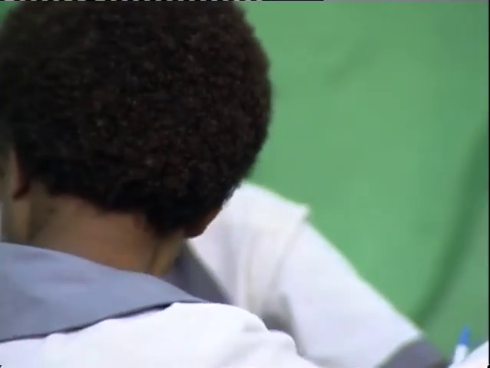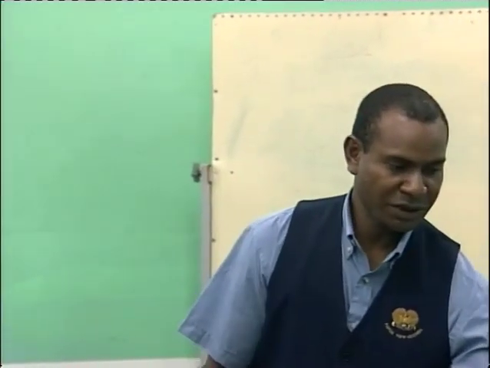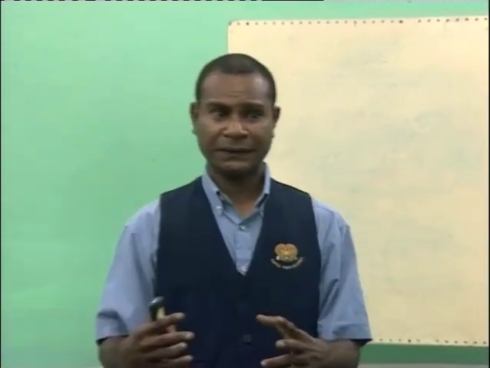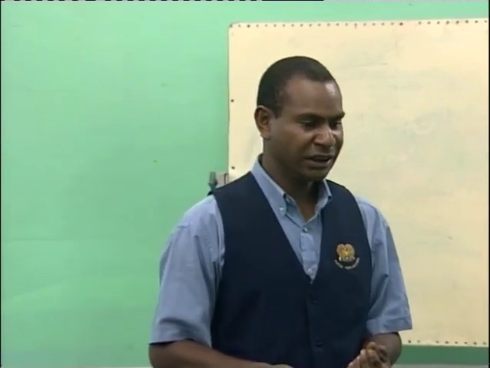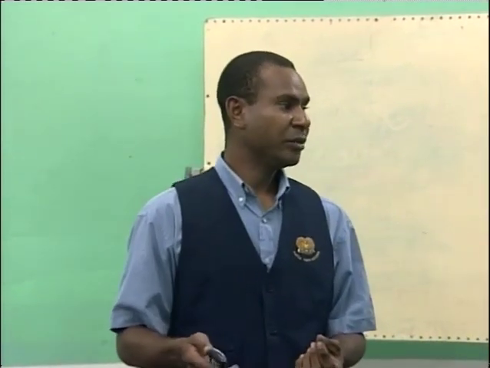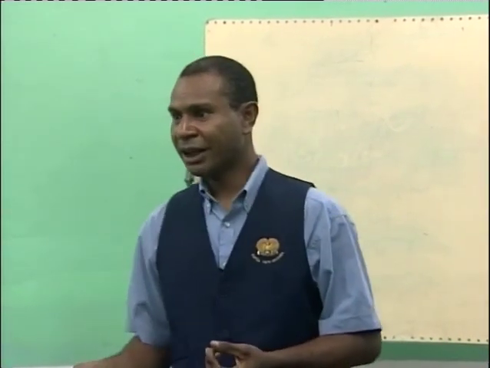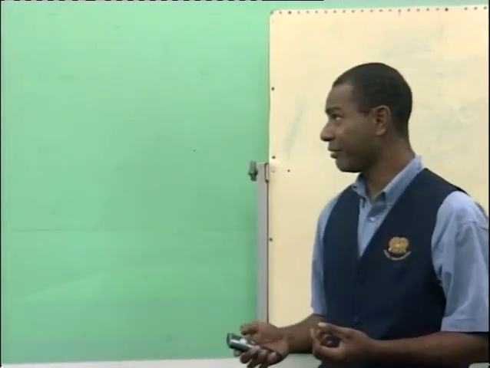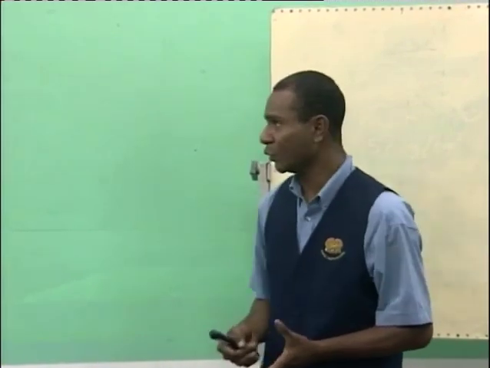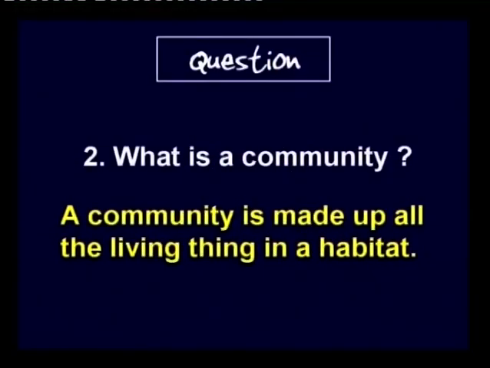JJ's answer was the last one, combining the two answers. Let's see what I have written simply for you. Simply, a community is made up of living things in a habitat.